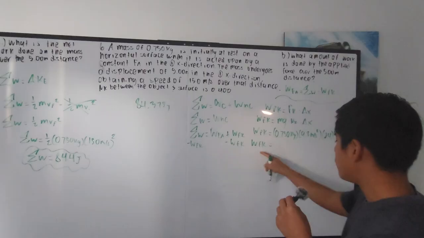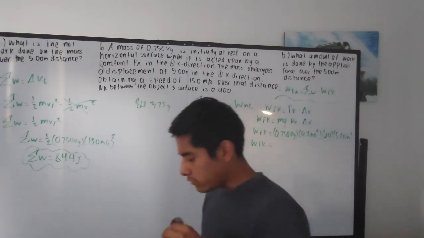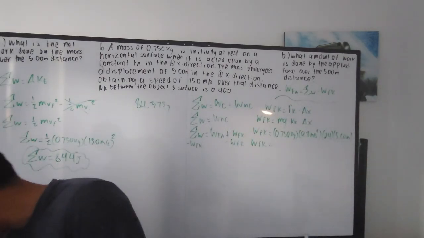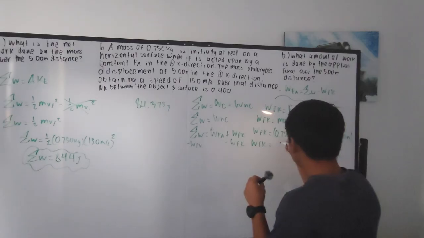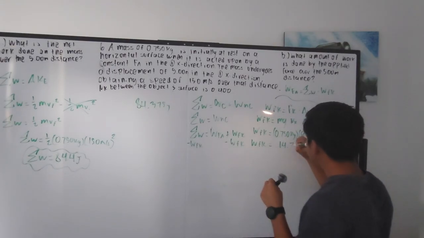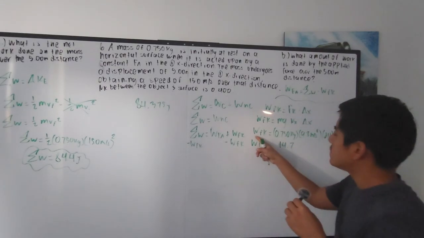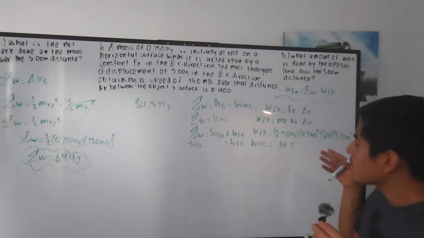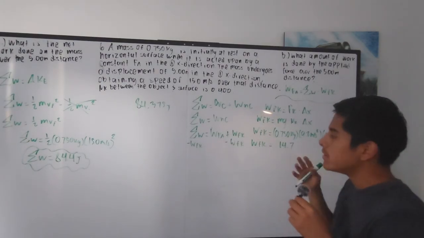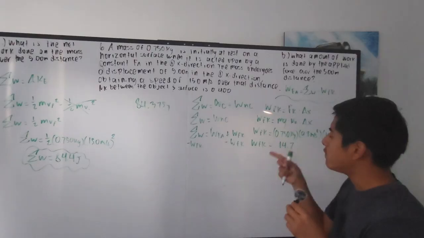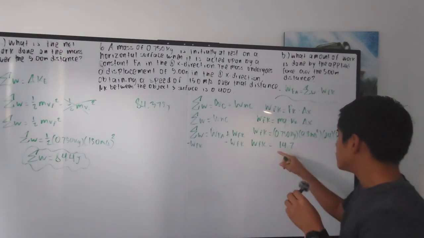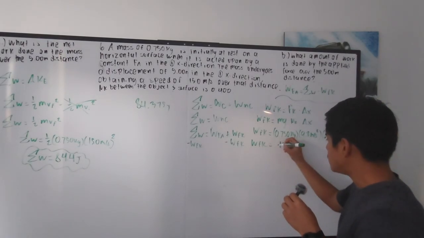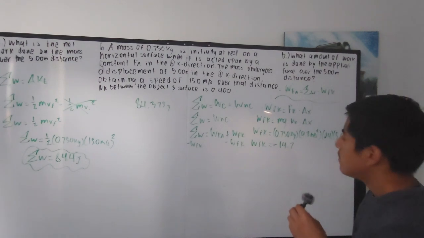So the work done by the force of kinetic friction is then equal to 14.7. And again, the work done by the kinetic friction is going to be opposing the work done by the applied force. So this is going to be negative.